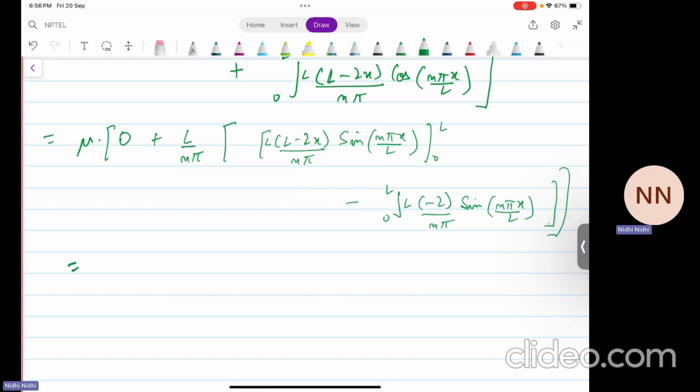We are left with mu, 2L square by n square pi square, integration of sine is cos n pi x by L times L by n pi, putting limits 0 to L.